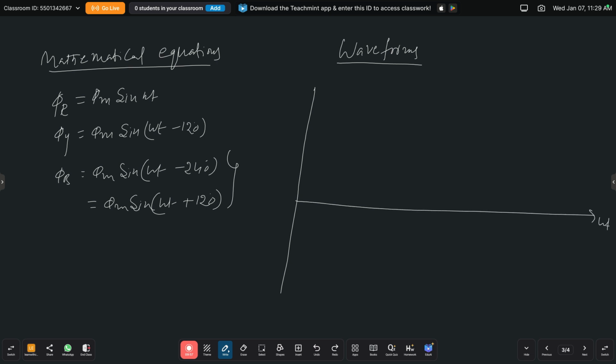Now we are taking the flux phi on the y axis and the angular frequency omega t on the x axis. First we will draw the phi R flux, starting from zero as the reference.